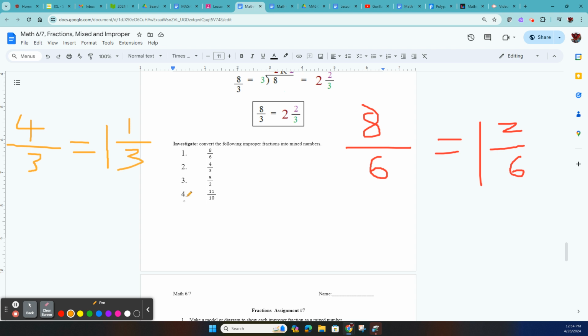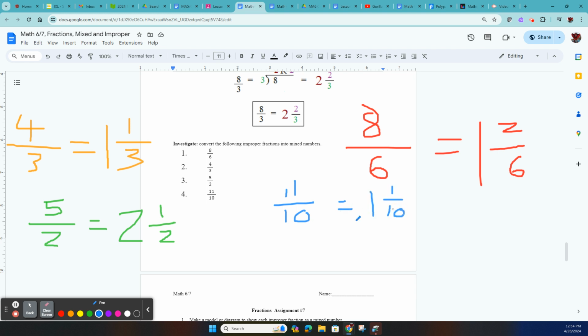All right. 5/2. I can see that 2 fits into 5 2 whole times. And what's my remainder? 1/2. Okay. And my last one, 11/10. I can see that 10 fits into 11 one whole time with 1/10 as my remainder.